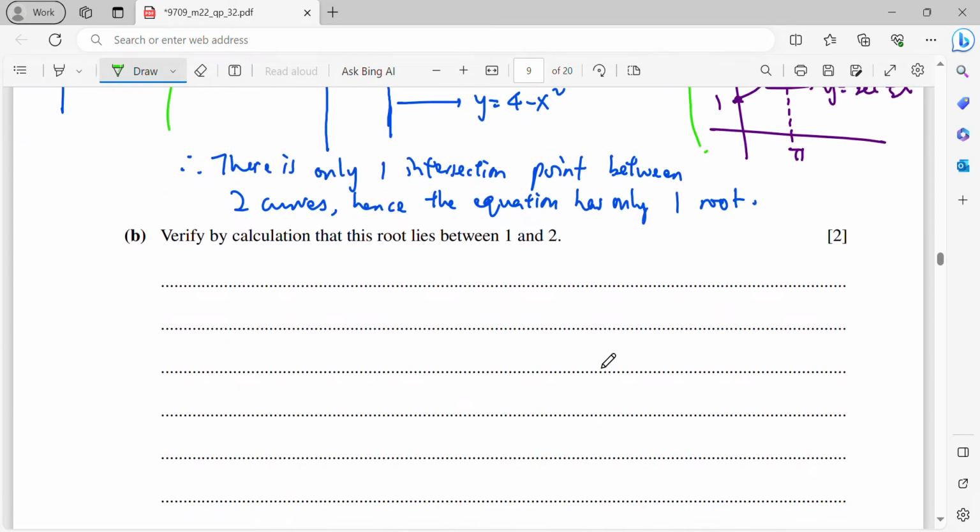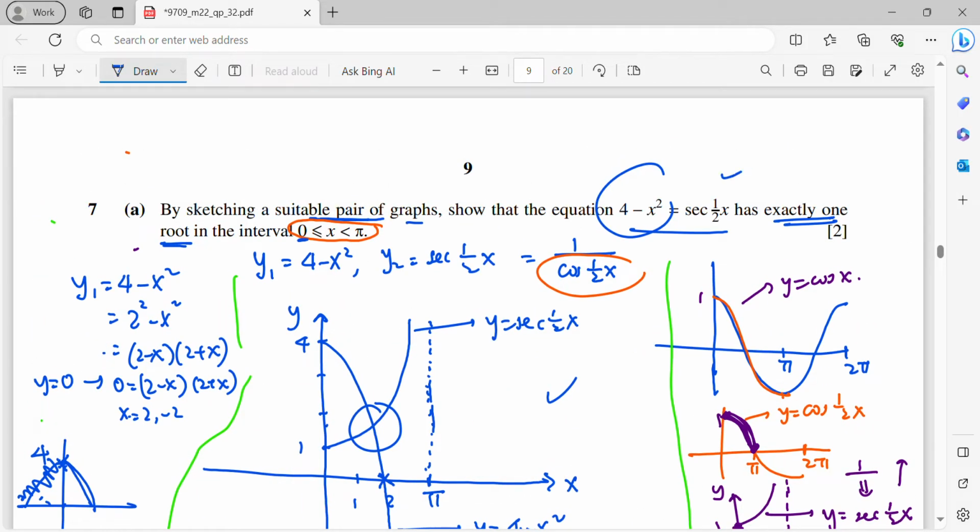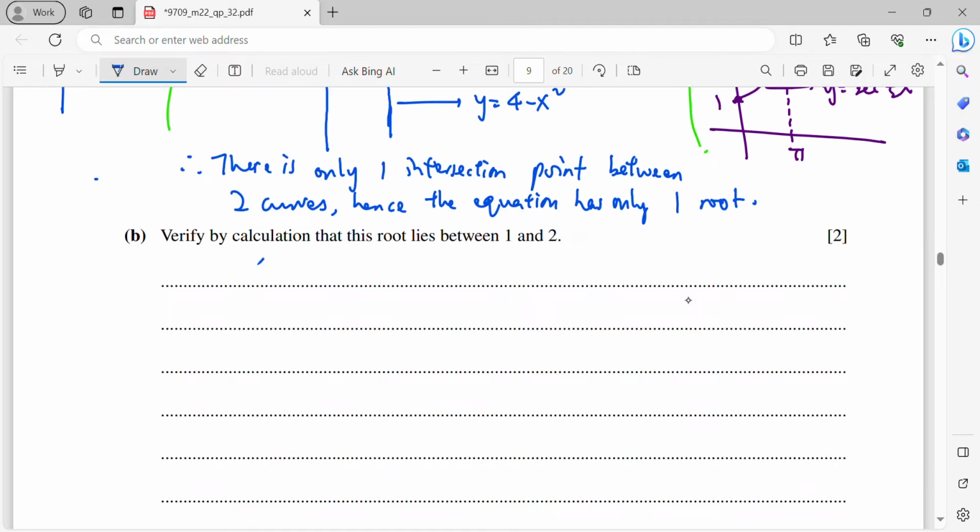Now part B, verify by calculation that this root lies between 1 and 2. So now I have to rewrite the equation: 4 minus x squared equals sec(x/2). Then I will move the sec to the left hand side. I will let it be f(x).